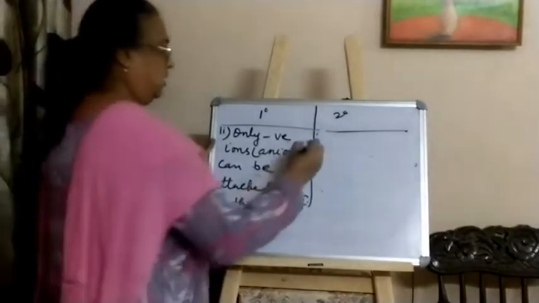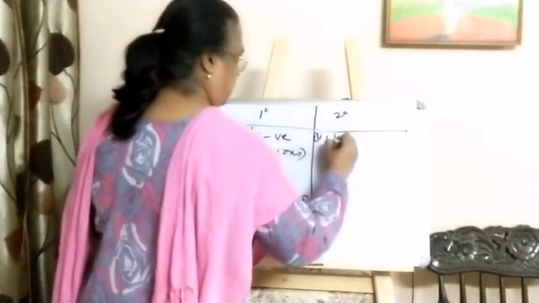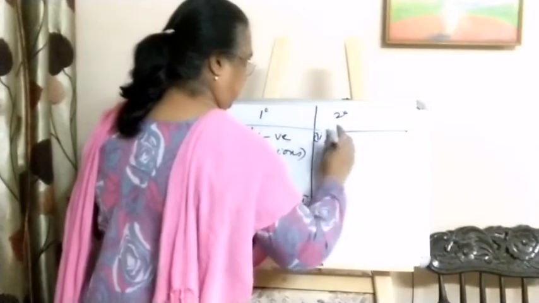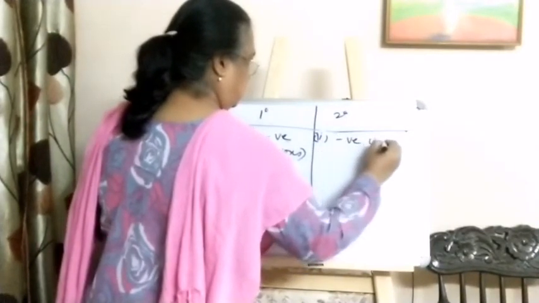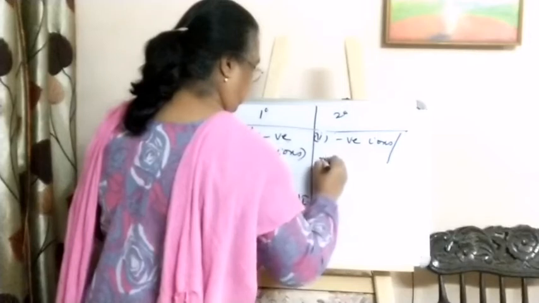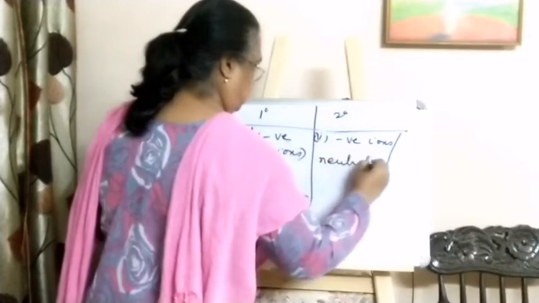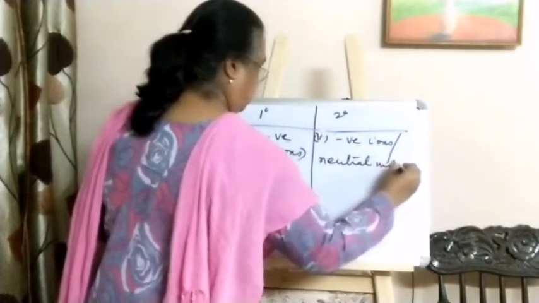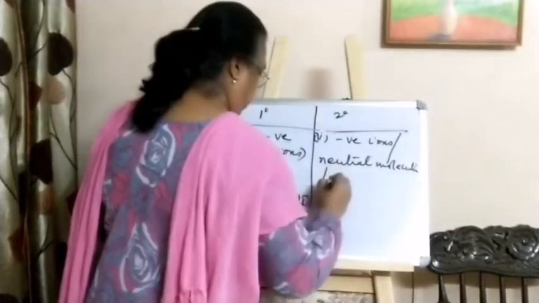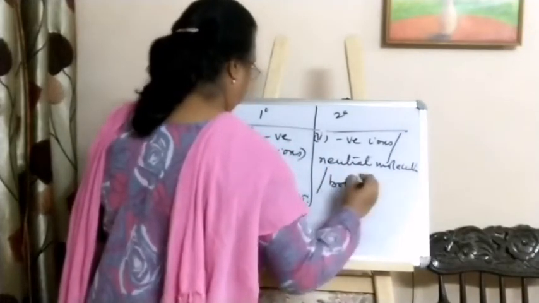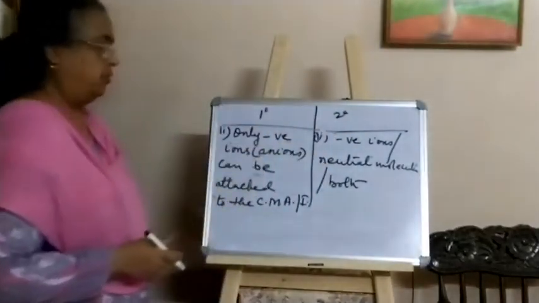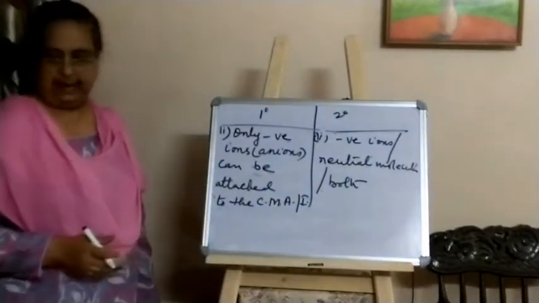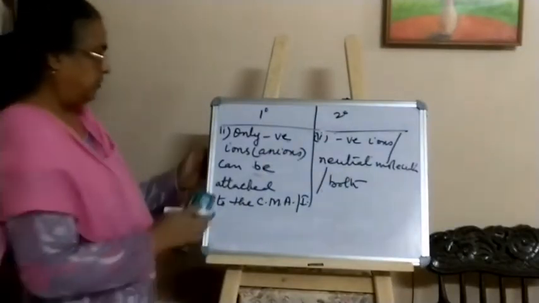And for the secondary valency, negative ions or maybe neutral molecules, or maybe both anions and neutral molecules, can satisfy the secondary valency.